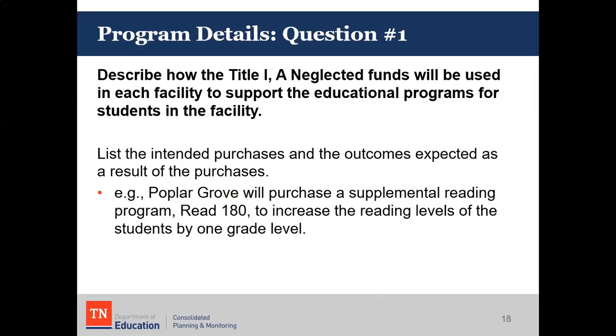Poplar Grove will purchase a supplemental reading program, Read 180, to increase the reading levels of the students by at least one grade level. In this question, again, this question is going to relate most closely to the needs assessment and what was identified in the needs assessment, and it's also going to relate most closely to the budget and the items that you're specifically putting into the budget.